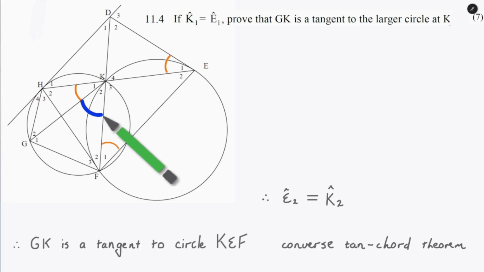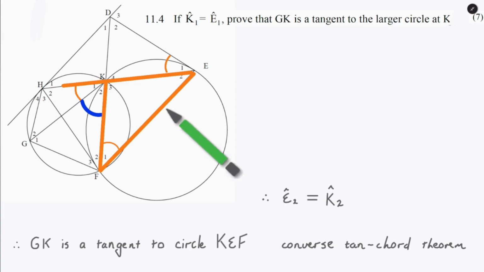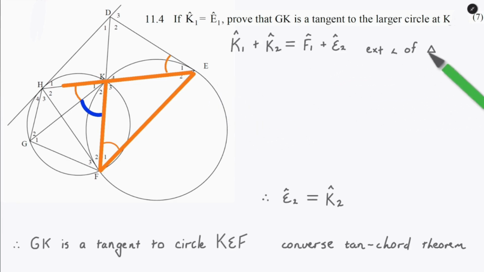So I want to incorporate these two angles, and I'm going to do it using exterior angle of this orange triangle here. Now we can see this exterior angle, K1 and K2, will be equal to this one plus this one, using exterior angle of triangle. So we're going to have K1 plus K2 is equal to F1 plus E2.